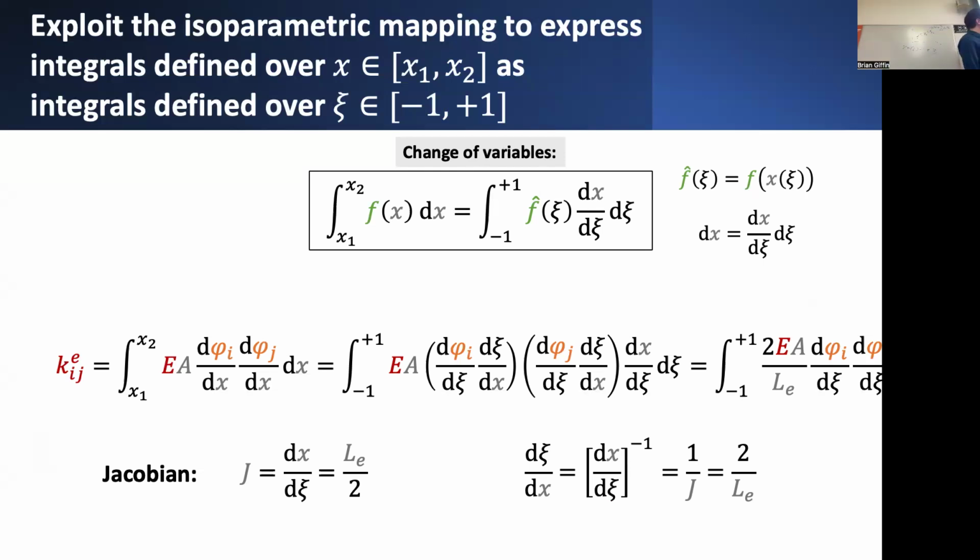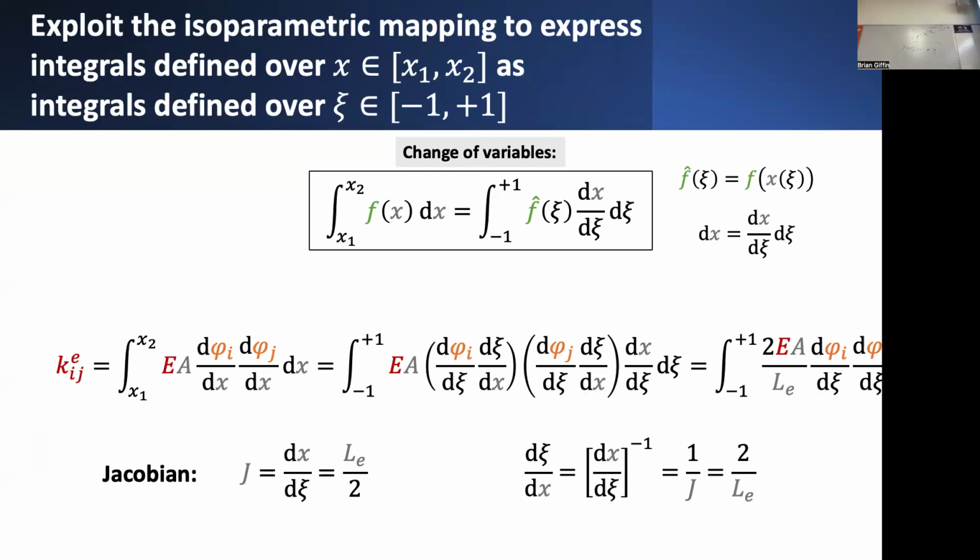If we do this and apply it precisely to this definition of integrating the element stiffness terms, what I find is I can take all those previous expressions that I derived for the derivatives of the shape functions with respect to x. I can use the chain rule of differentiation to express those as the derivative of the shape functions with respect to the local element coordinate c multiplied by the partial derivative of c with respect to x, for both of these different shape functions appearing in this term.